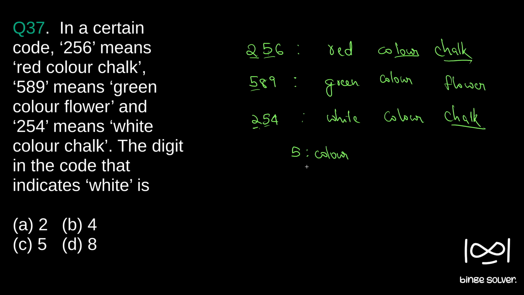So 2 is chalk. So in 254, the only number left is 4, that is white. Since we got 5 as color and 2 as chalk, 4 has to be white. So solution to question 37 is B, 4.